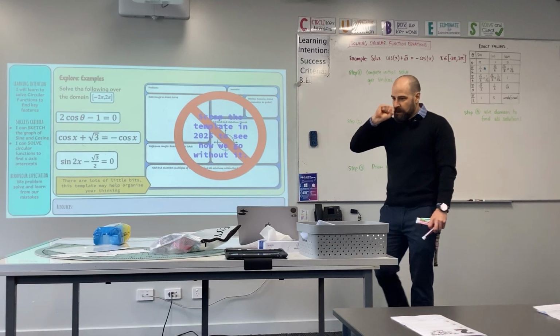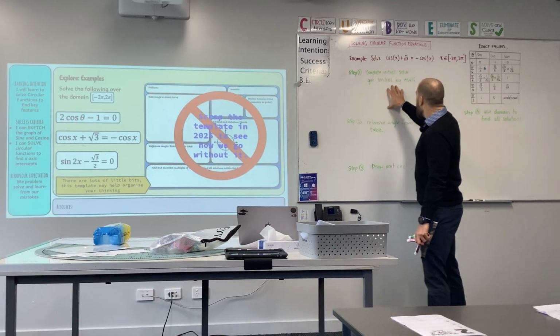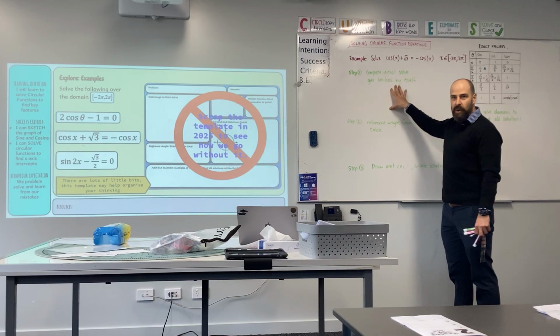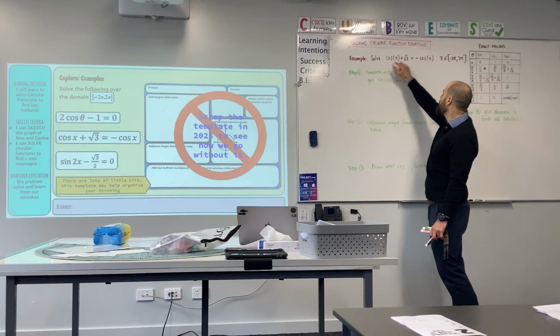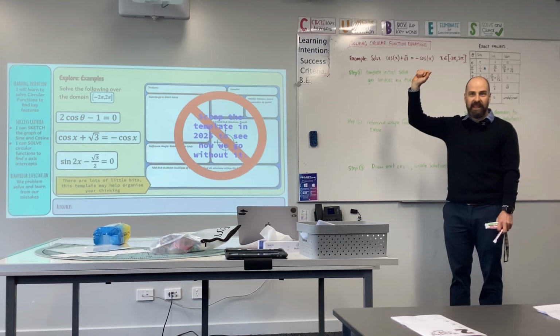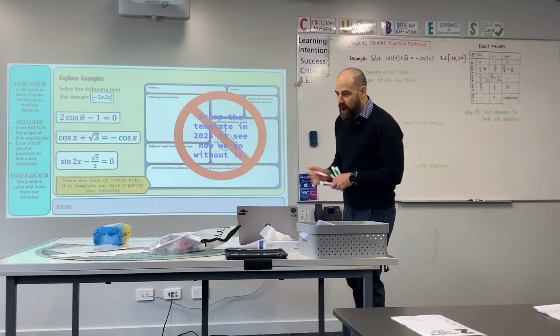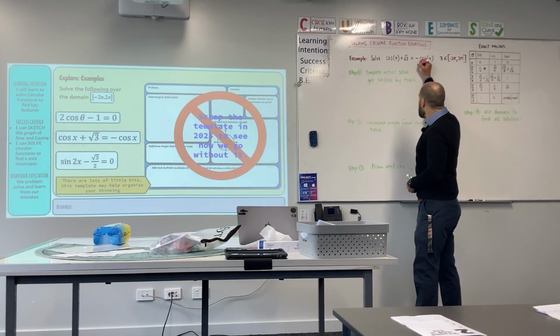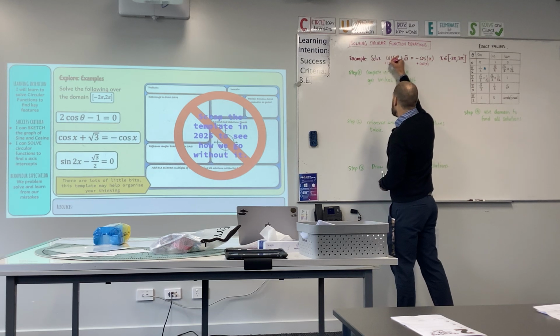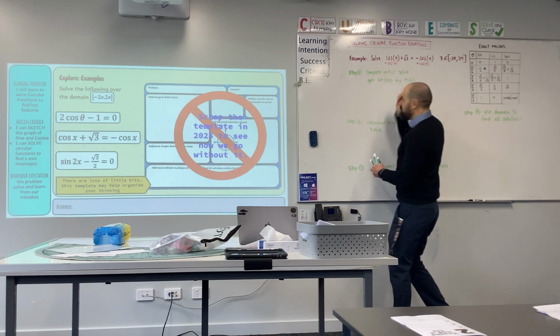Okay, so first step, we're going to complete the initial solving to get sine or cosine by itself. So we need to get these cosines together. All right, how would you do that? I would add a cosine to both sides. Happy with that?